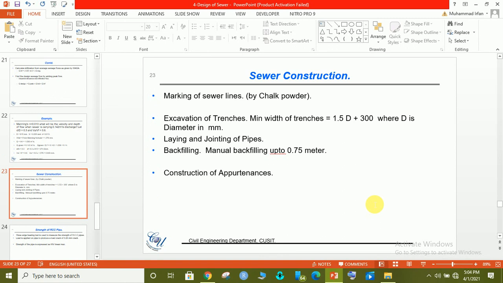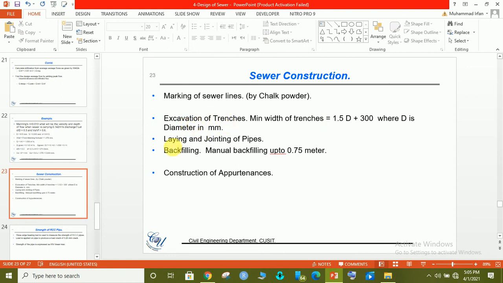Then the sewer construction. Sewer construction means the first one is the excavation for sewer, which is basically 1.5 multiplied by the diameter of the pipe plus 300 millimeter. This will be the width of excavation of trenches for a specific sewer.